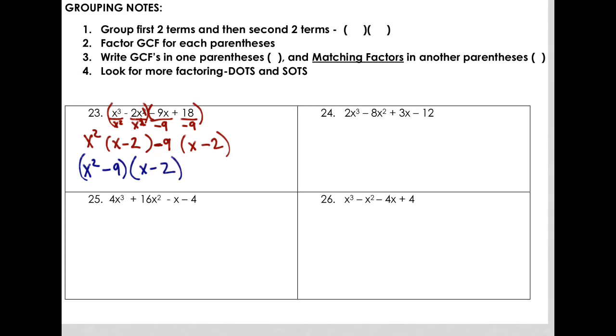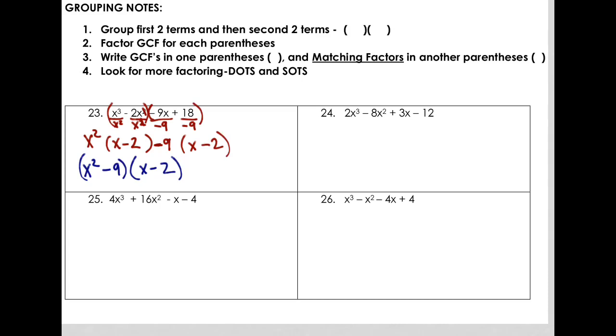Okay, so are we done? No, we're not done, because you got to look inside here and see if you can factor any further. You look, this one you cannot. You look here, and this is a perfect square, and it's separated by a subtraction sign, which means we have a difference of 2 squares.